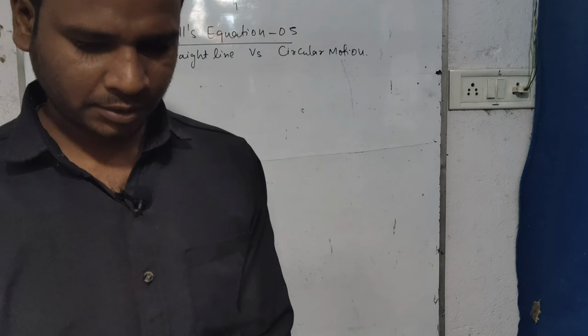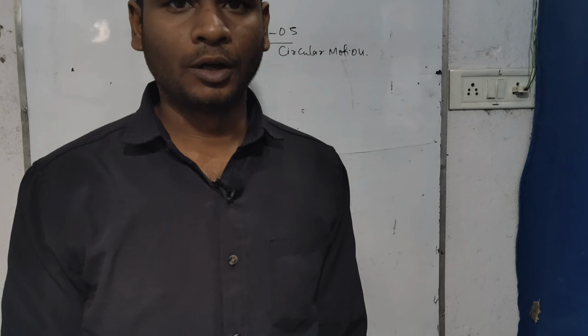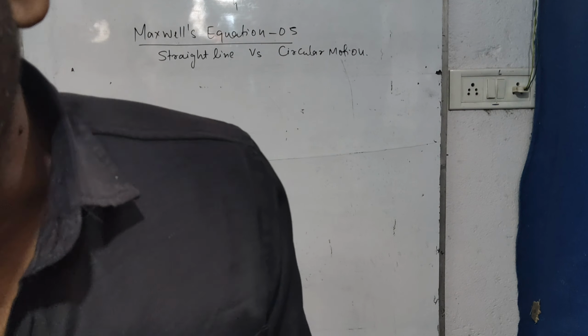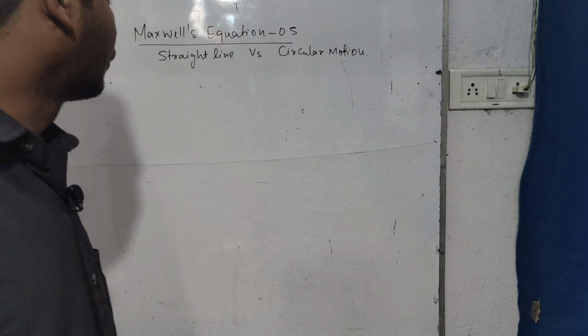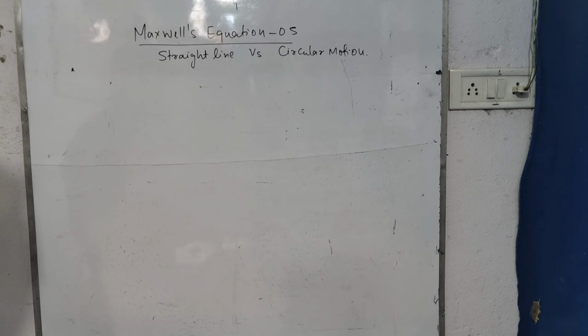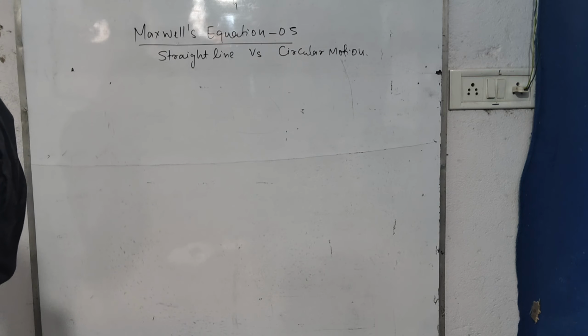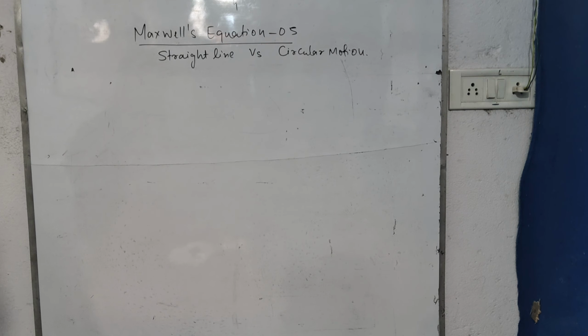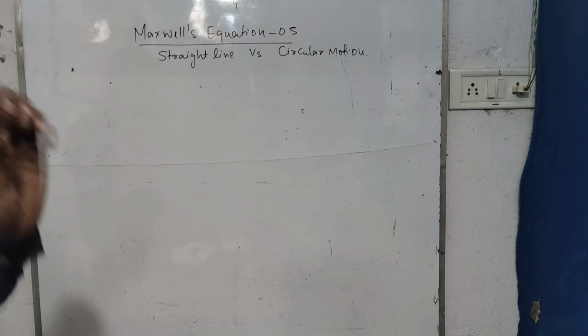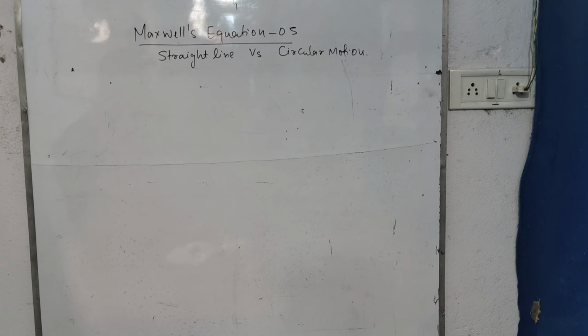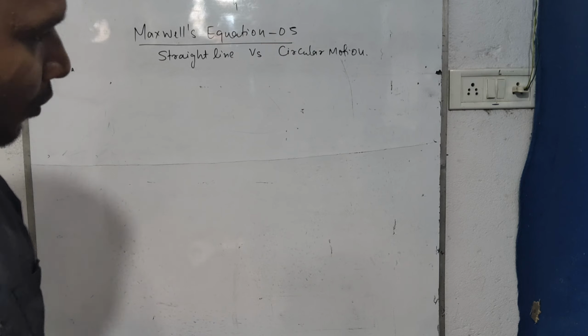In the last class, I described the equations of kinematics. In this video, Maxwell Equation 05, we will see straight line motion and circular motion in the light of the equations of kinematics that we already derived in our last video, Maxwell Equation 04.